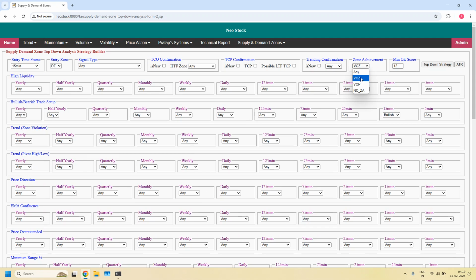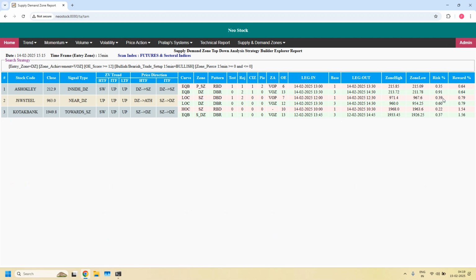And zone achievement, okay, we set. So all the 3 filters are applied to the 15 minutes demand zone. Now we got 3 stocks.